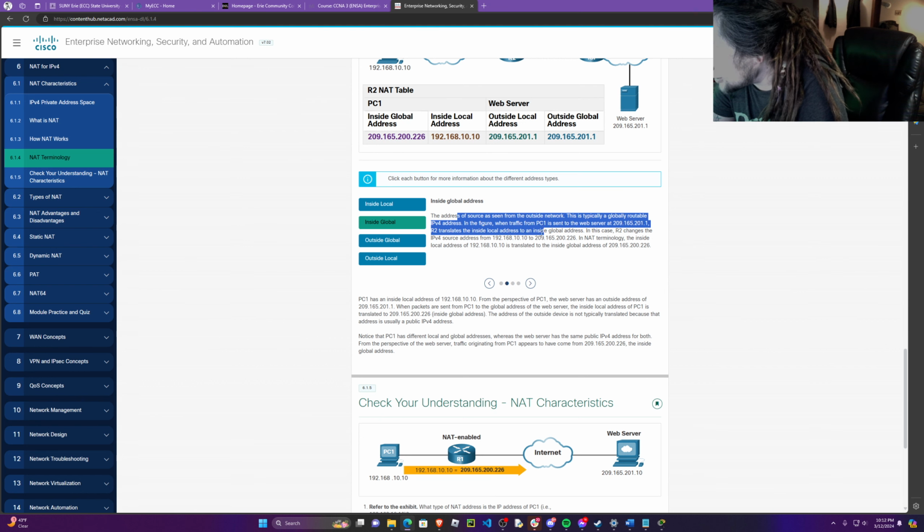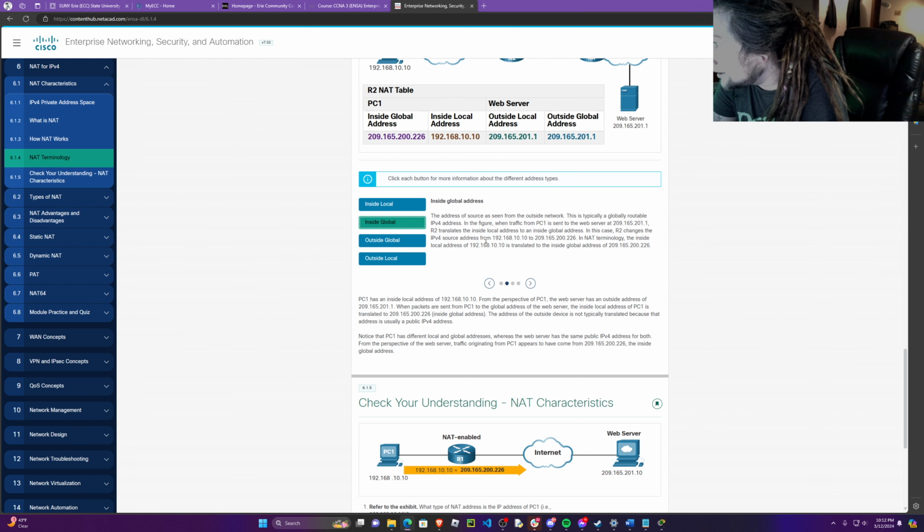In this case, R2 changes the source address from 192.168.10.10, which was our inside local, to 209.165.200.226. In NAT terminology, the inside local address is 192.168.10.10, and it is translated to the inside global address of 209.165.200.226.